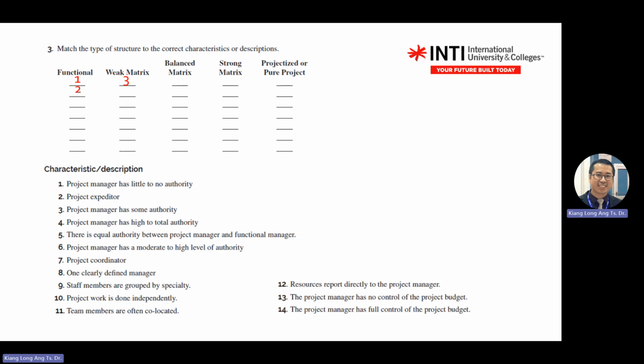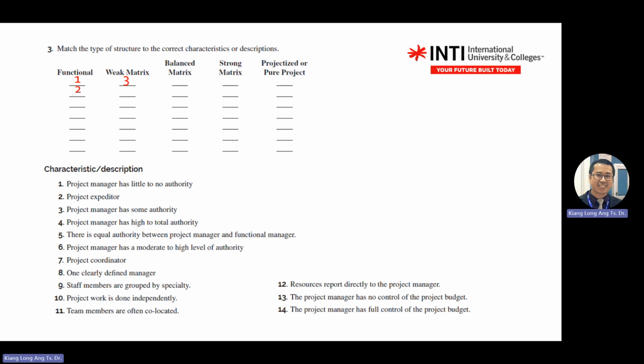If it's a strong matrix, the project manager has higher authority, given more responsibilities or more authority in most cases, then it will be in the strong matrix. It's like you are playing with words on the level of authority here, to differentiate between weak, balanced, and strong.